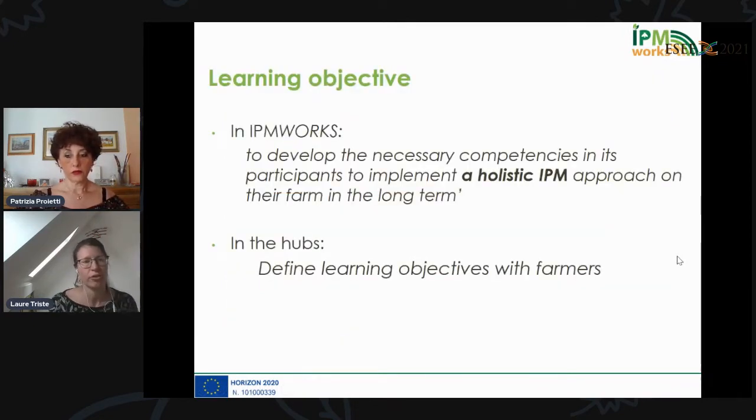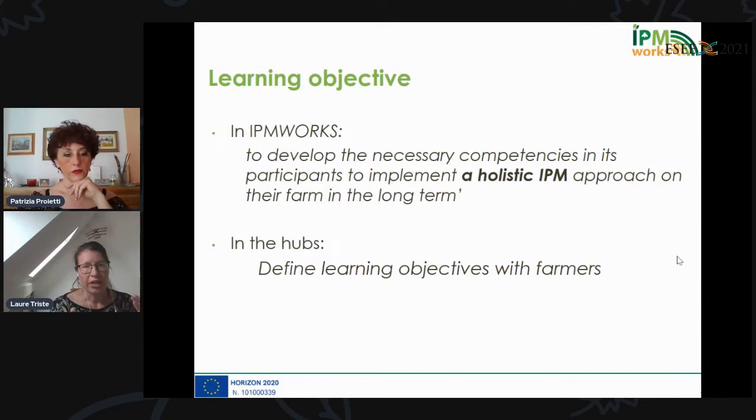So the first one is the learning objective. And in IPM Works, this is something that I would like to stress. The aim of this learning environment in IPM Works is to develop the necessary competencies of the farmers who participate to implement a holistic IPM approach on their farm in the long term.